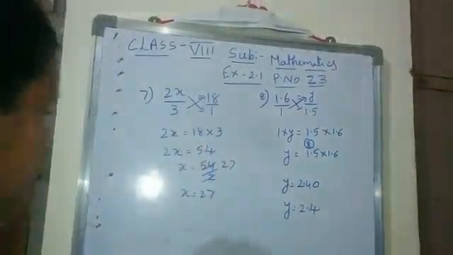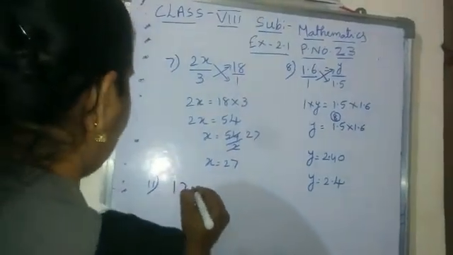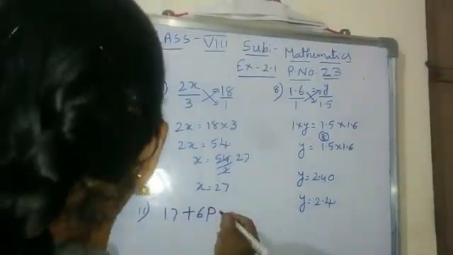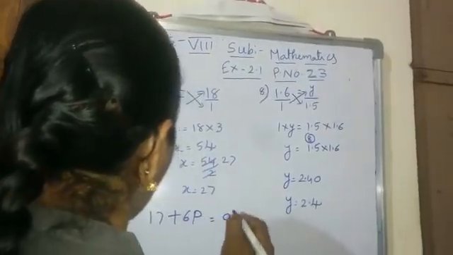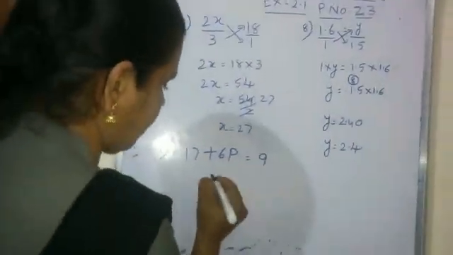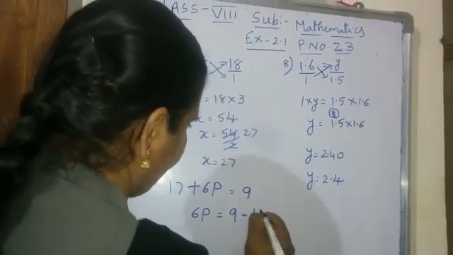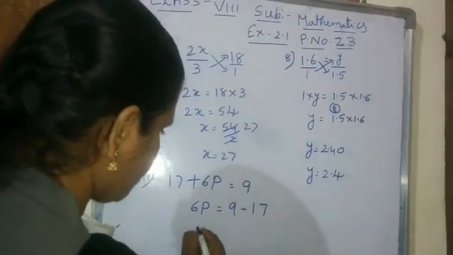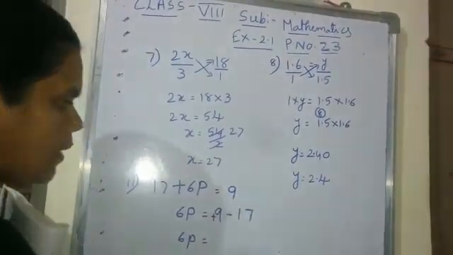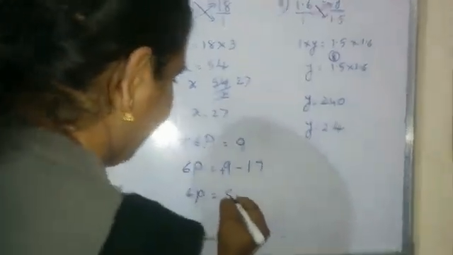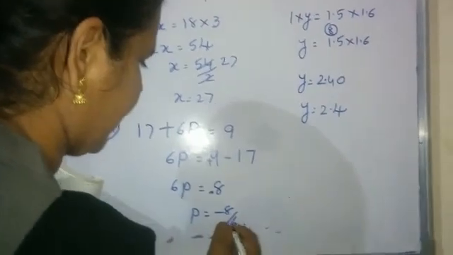Now the 11th one. So 17 plus 6p is equal to 9. Now see, children, here the constant 17 is transposed, so 6p is equal to 9 minus 17. 17 minus 9 is 8, so 6p is equal to minus 8, p is equal to minus 8 by 6.